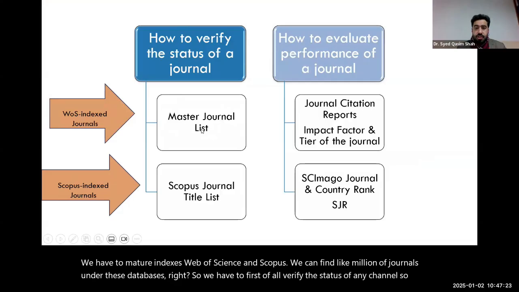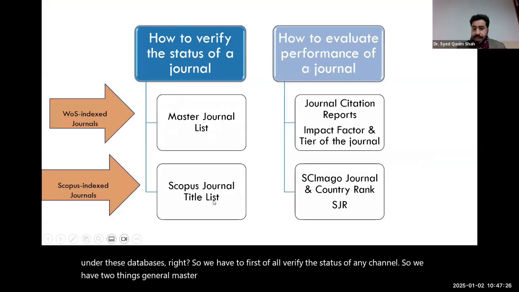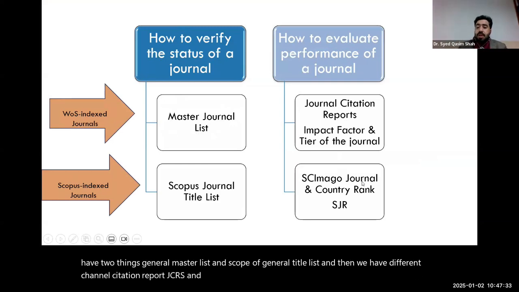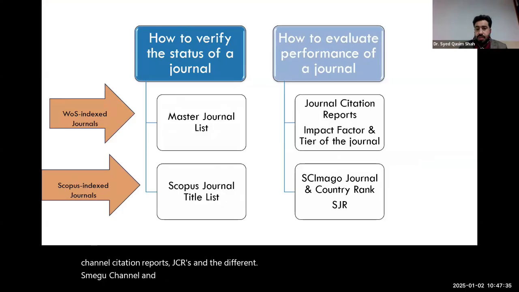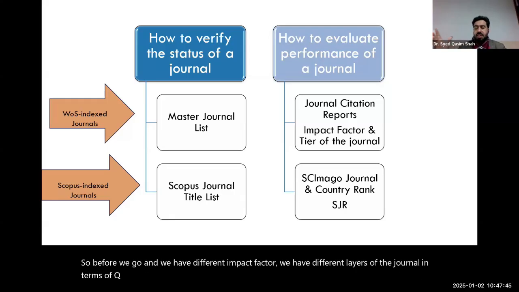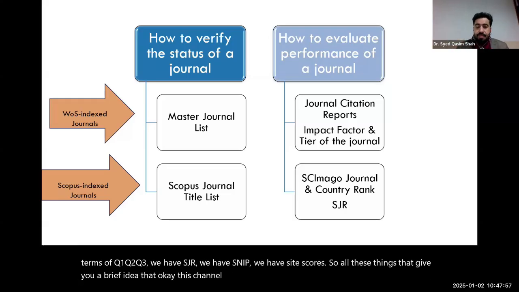We have two resources, the Master Journal List and the Scopus journal title list. Then we have the Journal Citation Reports, JCR, and SCImago Journal and Country Rank for Scopus. We have different impact factors and different tiers of journals in terms of Q1, Q2, Q3. We have SJR, SNIP, and CiteScore. All these things give you a brief idea that this journal is good and we can submit there.